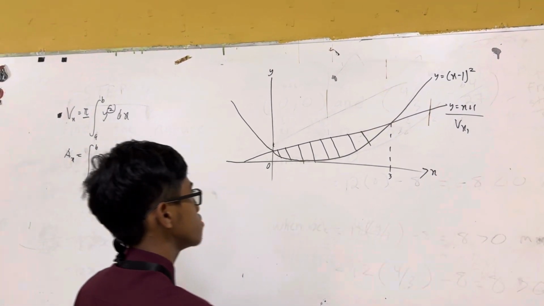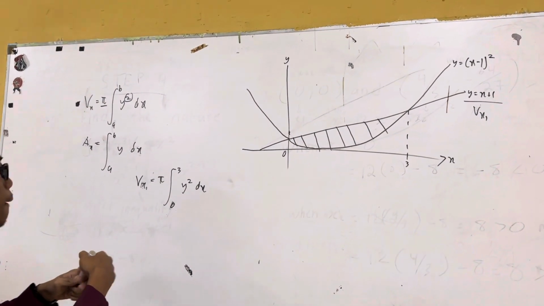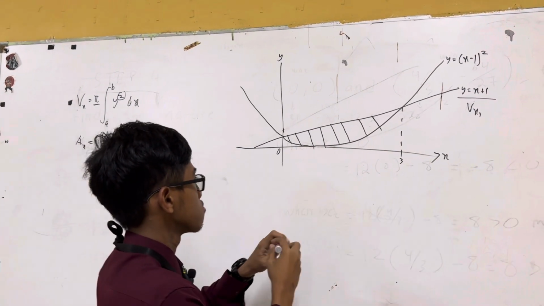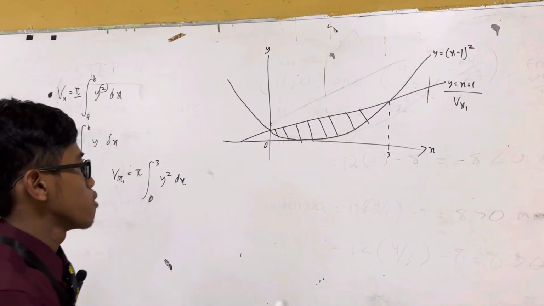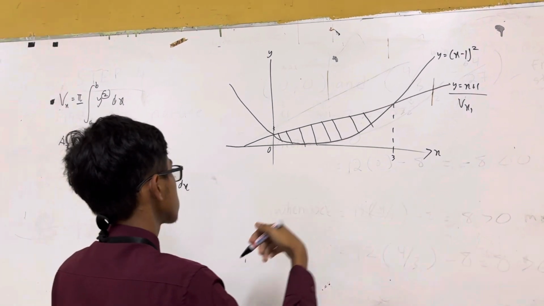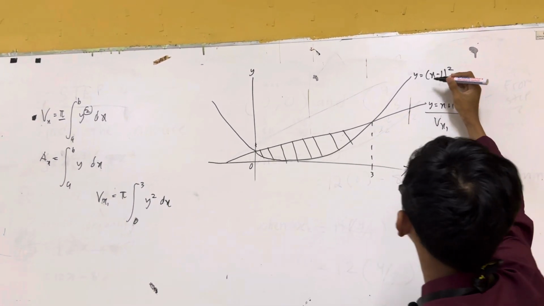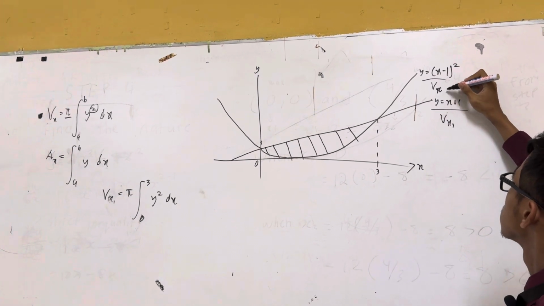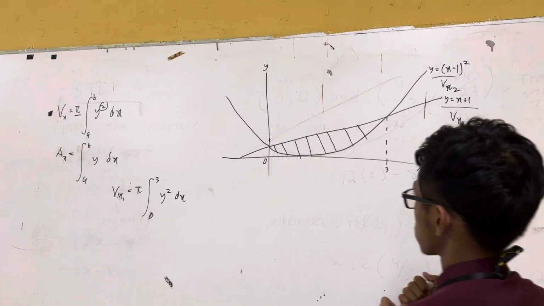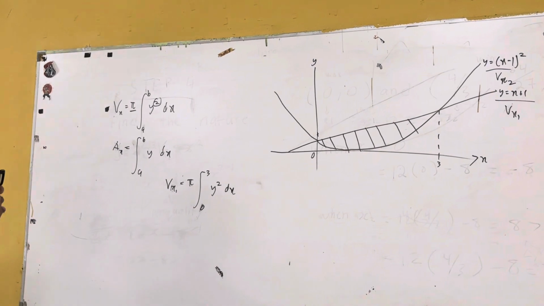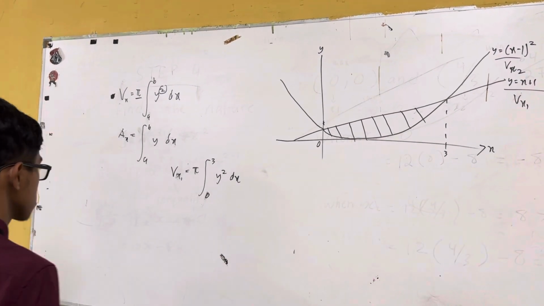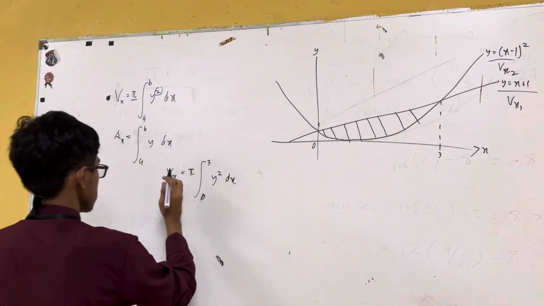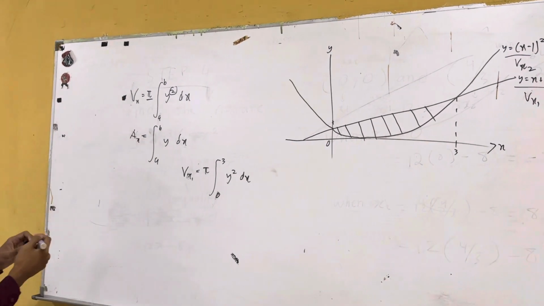And secondly, we must minus it with this equation. This is Vx2. So the equation is still the same. We just use this equation.